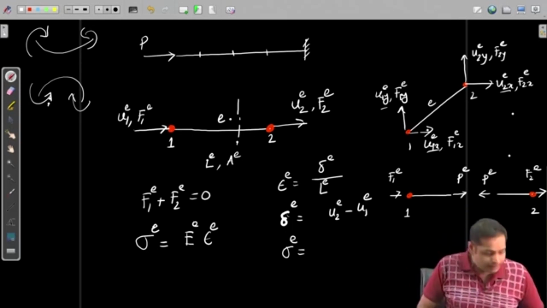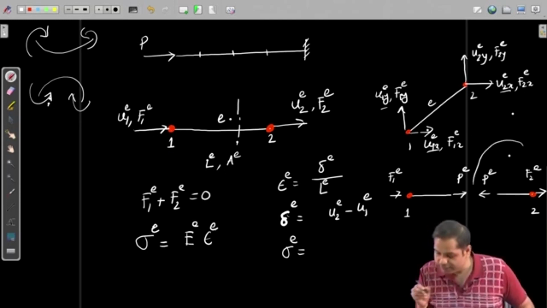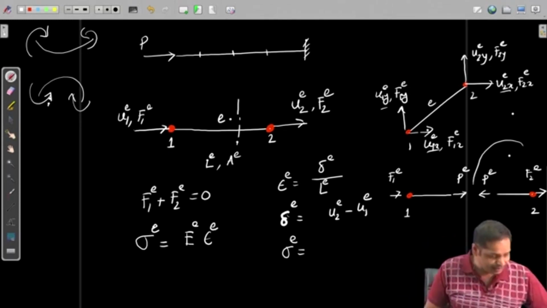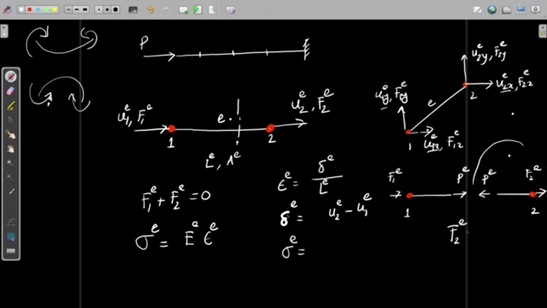So from this diagram, we can say that F2E is equal to P into E, and therefore P into A, which will be equal to A into E into sigma, area into stress, right?